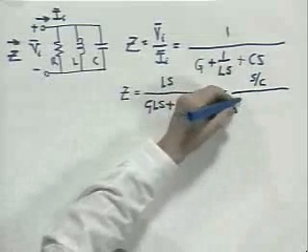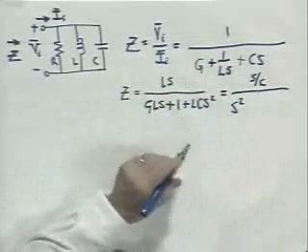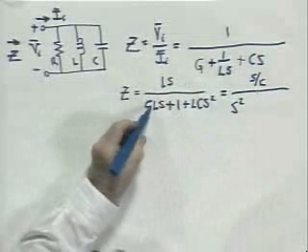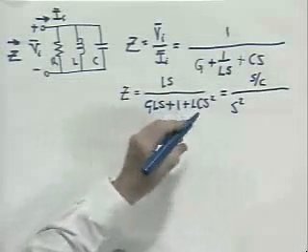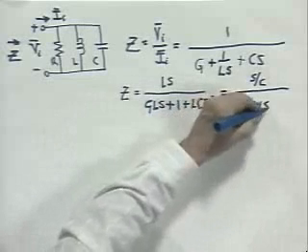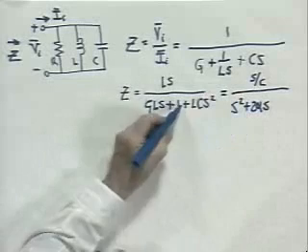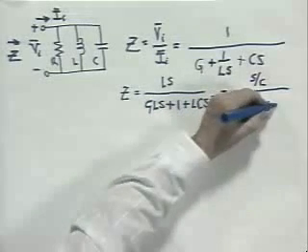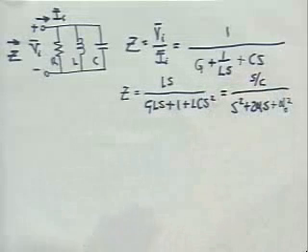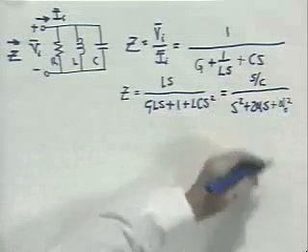The last term here I'll write as the first one here, s squared. This term becomes, the L's cancel, and G over C, which was 2 alpha, previous definition, 2 alpha s. And this term, 1 over LC, is just omega naught squared. So here's the impedance as a function of s.